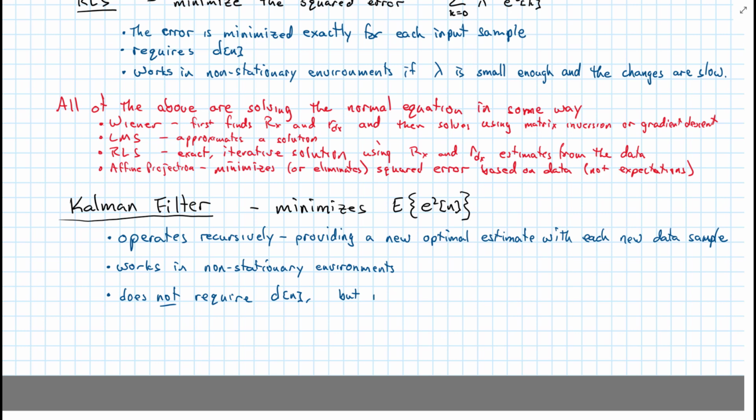In place of that, it does require a model for the system.